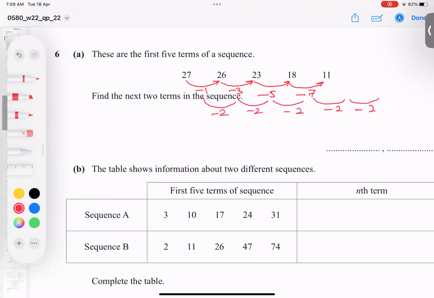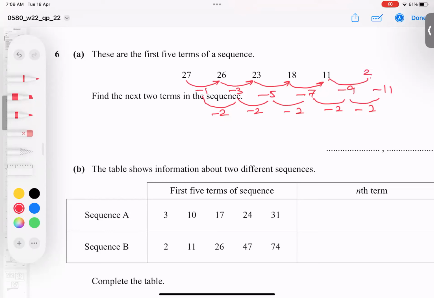And now 23 minus 5, we get 18. 18 minus 7, you get this. And actually, -7, -2, you get -9. And -2 gets -11. Now, if you check what is going on, we can find out 11, 9 gone. So we got a 2.